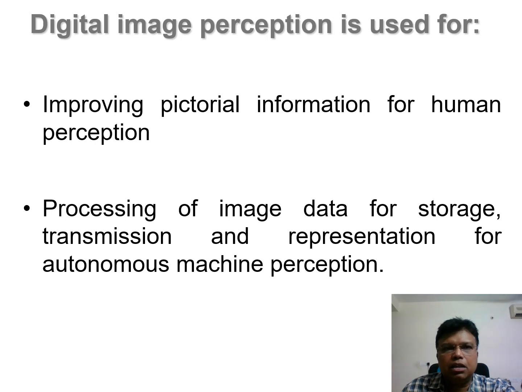So mainly the digital image is used for improving pictorial information for human perception, and processing of image data for storage, transmission and representation for autonomous machine perception.